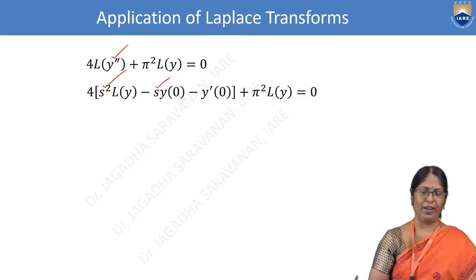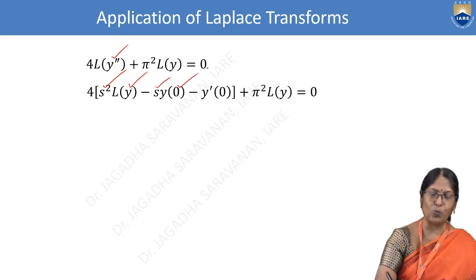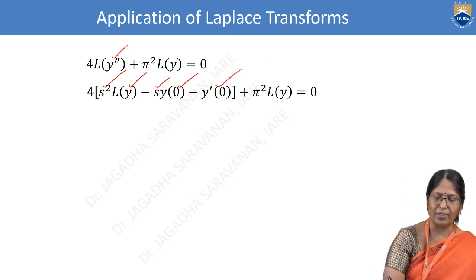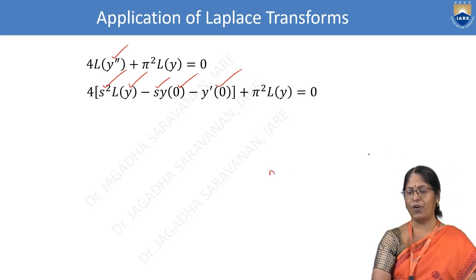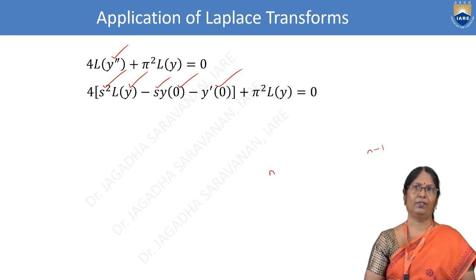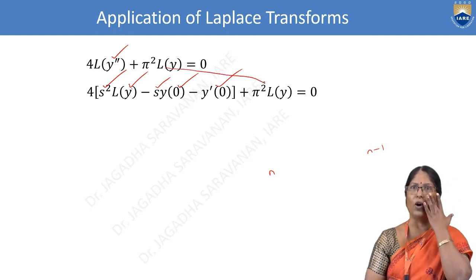The first term is L of y, the second is y of 0, next y dash of 0. Here it is a second derivative, so we end with the first derivative. So for the nth derivative, the formula ending will be n minus 1. Easy to remember.